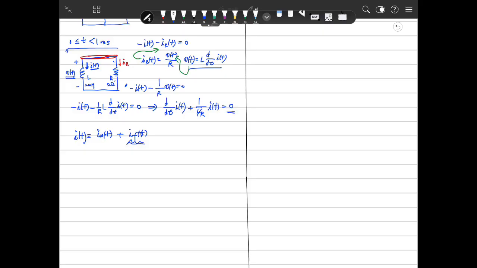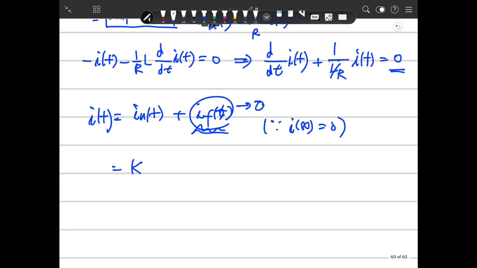There are no forcing sources here, so that will be 0. Why? Because i at infinity will be 0. So that will be K exponential, e to the minus 1 over tau, where tau is L divided by R, times t. That's it.